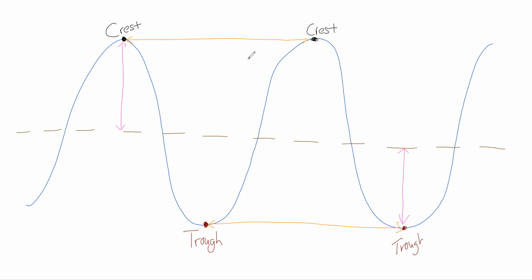And then if I measure from crest to crest or trough to trough, that length of the wave, any guesses on what that is called? I gave you some hints there.